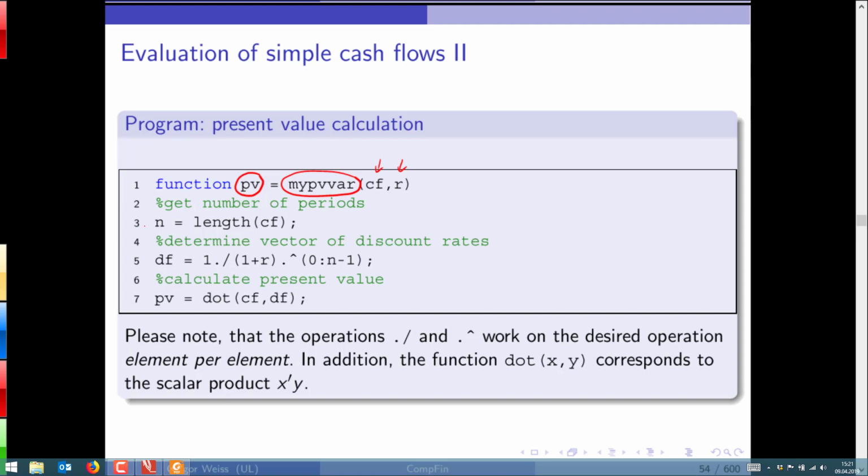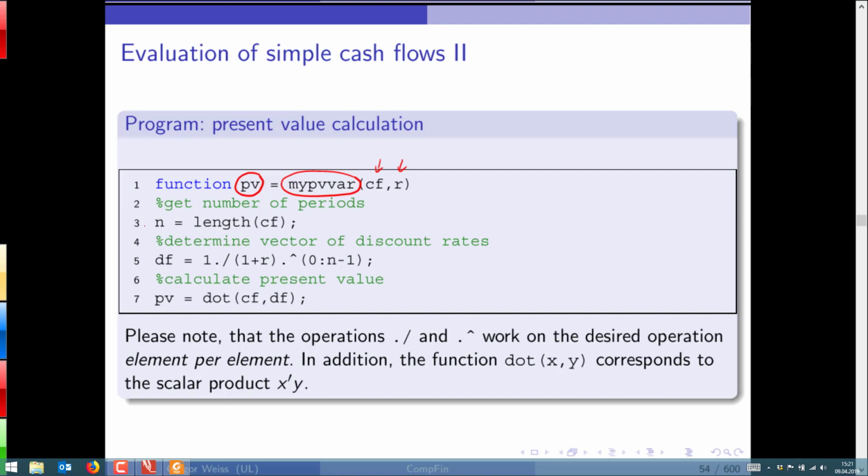Fourth line, again, a comment. Determine the vector of discount rates. df is equal to 1 ./ (1 + r) .^ (0 up to n minus 1). And this is a little bit of MATLAB syntax.